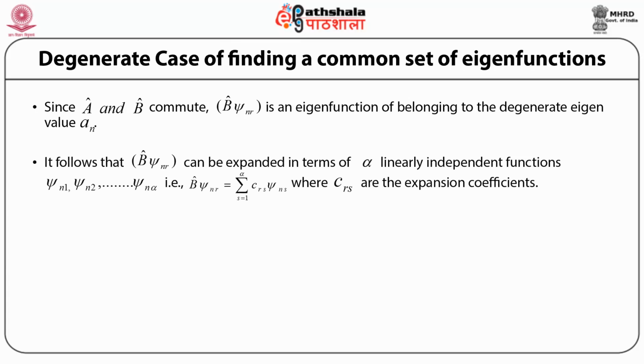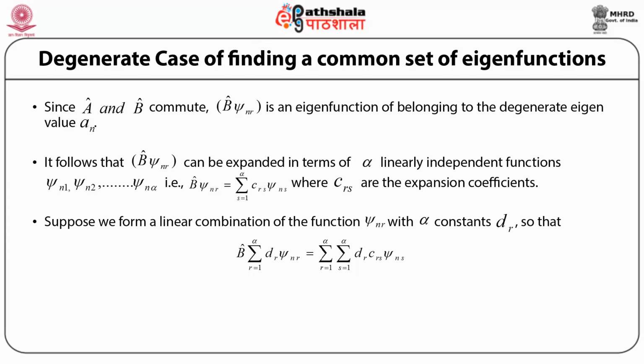It follows that operator B acting on psi nr can be expanded in terms of alpha linearly independent functions psi n1, psi n2 and so on till psi n alpha. That is, operator B acting on psi nr is equal to summation over s going from 1 to alpha of Crs psi ns, where Crs are the expansion coefficients.